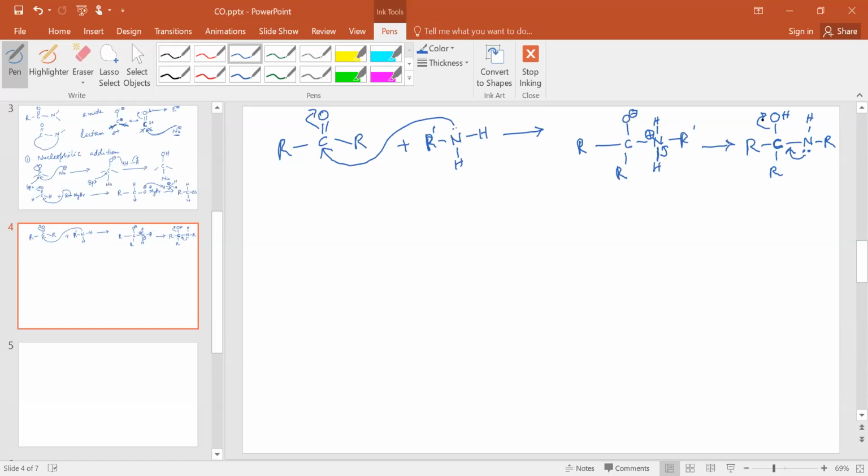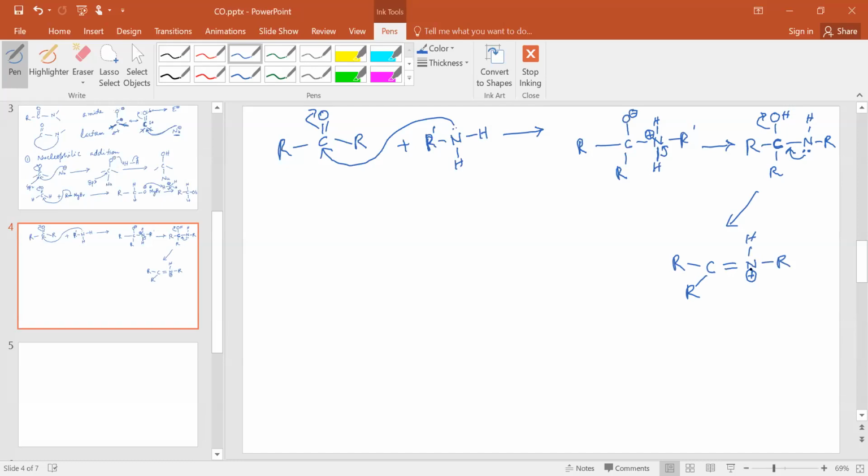But here, because nitrogen has a lone pair, it can donate. So OH leaves. What will happen? You'll get R, C, R, double bond, nitrogen, and here the nitrogen will again get a positive charge.